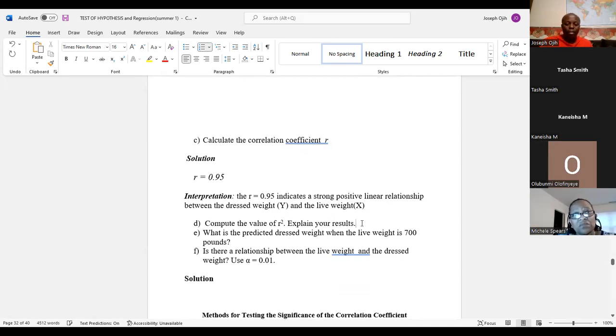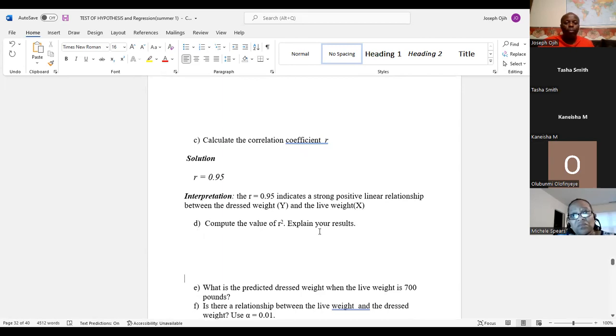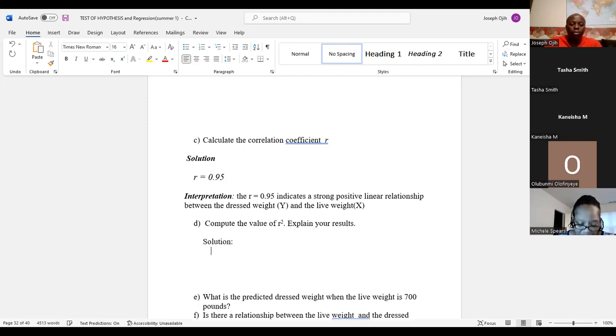Excellent. Now, next is compute r squared. Excel already gives you r squared. Our r squared, when you go to the Excel, you see that it is right here.